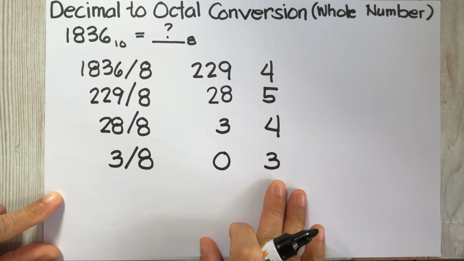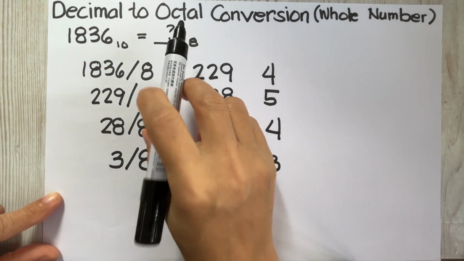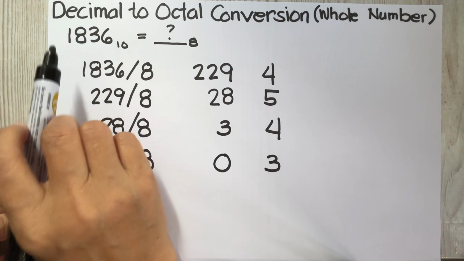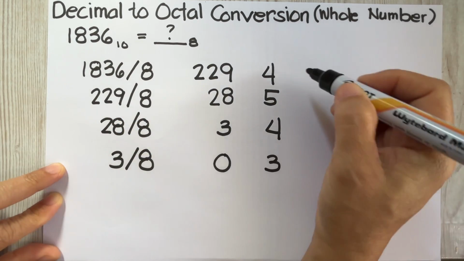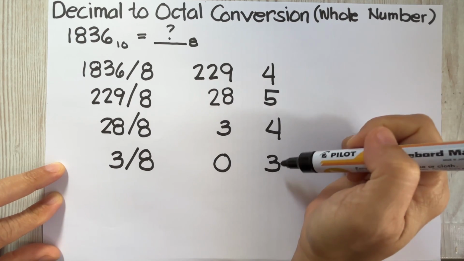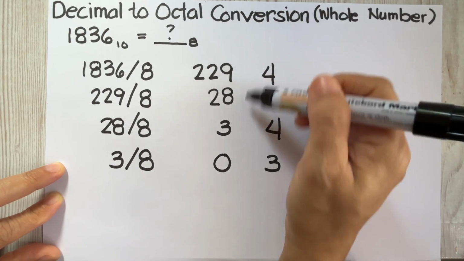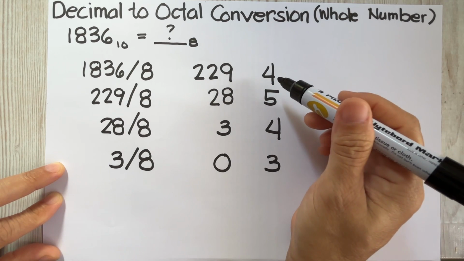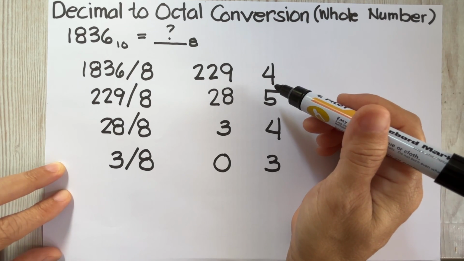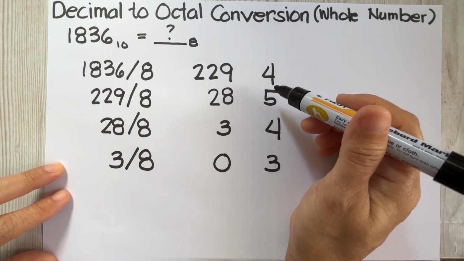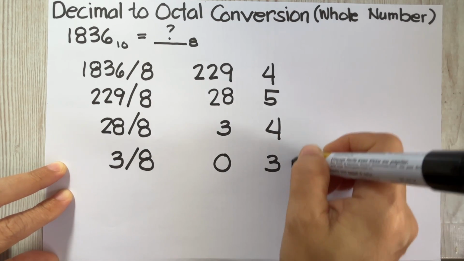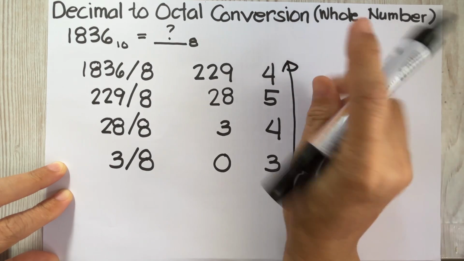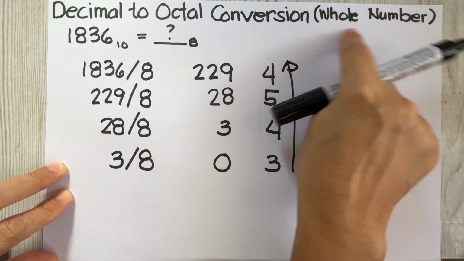From here, we can now derive the octal equivalent of the decimal number 1,836 by taking out the digits from the third column. To derive the equivalent octal number, we will read from bottom to top, since we are converting a whole number.